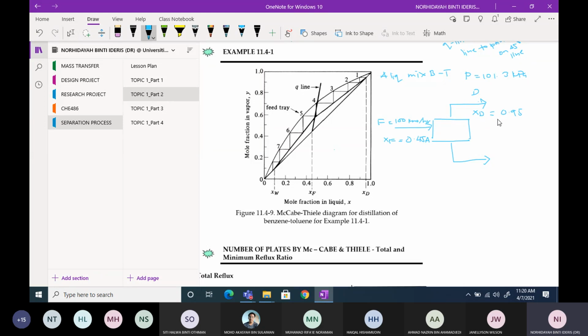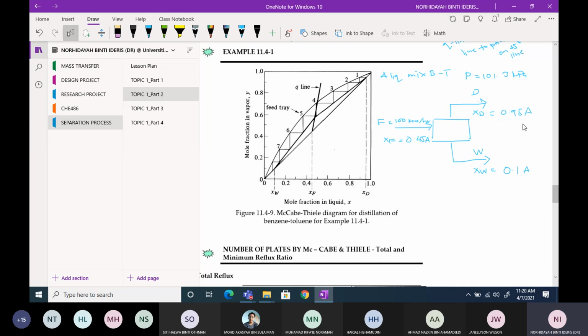So right now your SD is 0.95. And then at the bottom, okay, W we label as W. And then we have SW as 0.1.